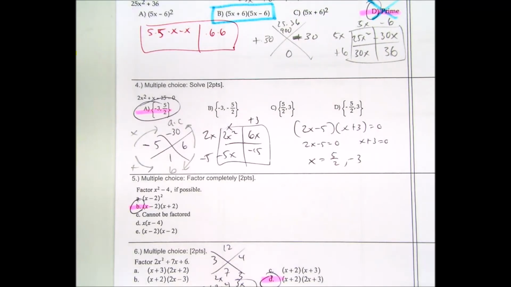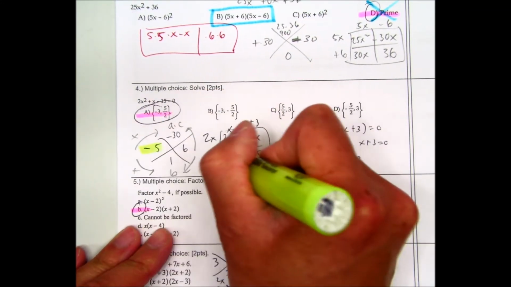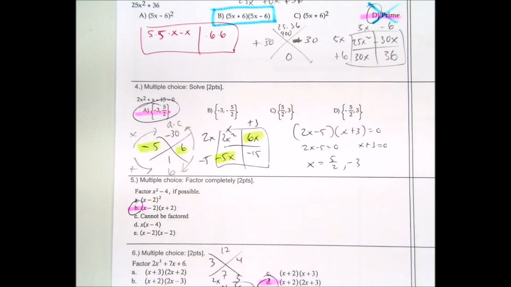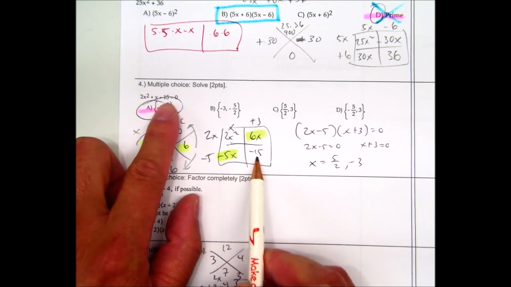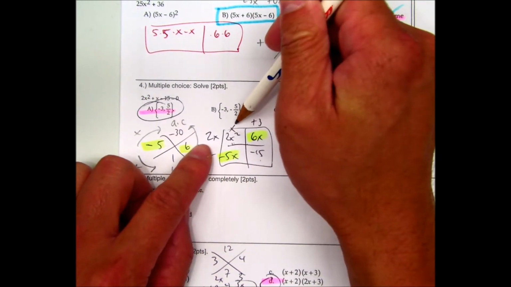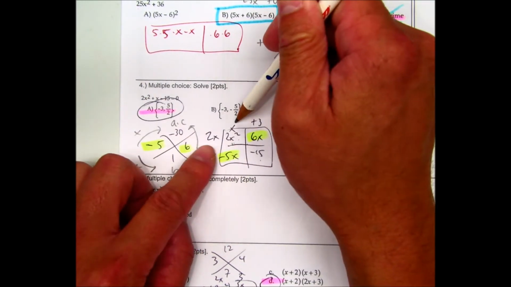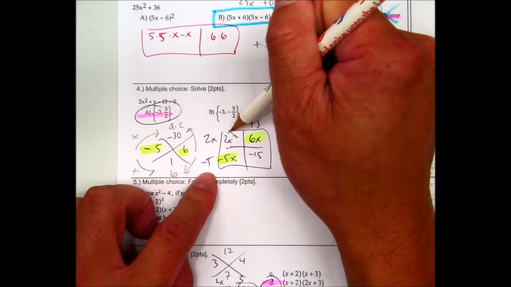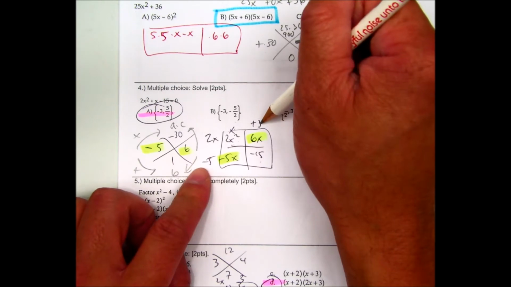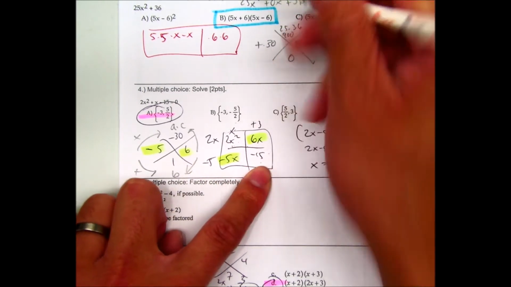Take those 2 numbers there, bottom left, top right, add an x there. Your A term always goes there, and your last term always goes there. And then you're thinking about what 2 terms will multiply to get that inside the box. So 2x times x is 2x squared, 2x times 3 is 6x, x times negative 5 is negative 5x, and 3 times negative 5 is negative 15.